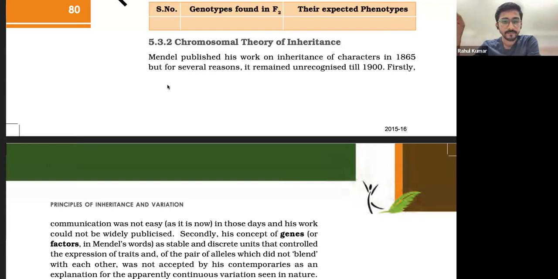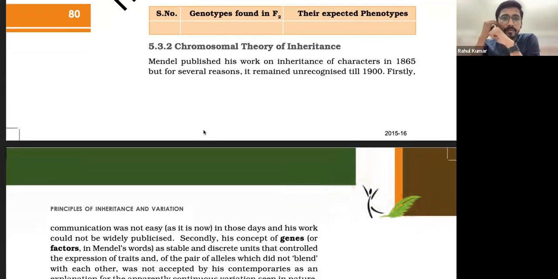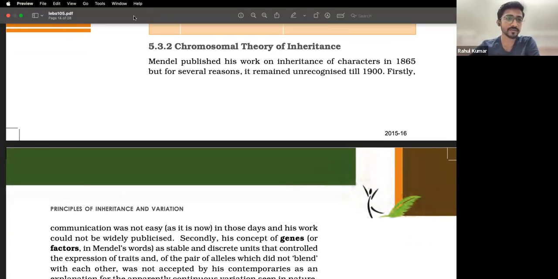Now, remember I told you that when Mendel published his work, it was around 1865. From 1865 till 1900, no one recognized it. Everyone was like, I don't know what he's talking about. He's doing some mathematics, some weird ratios. This is not how biology is done.